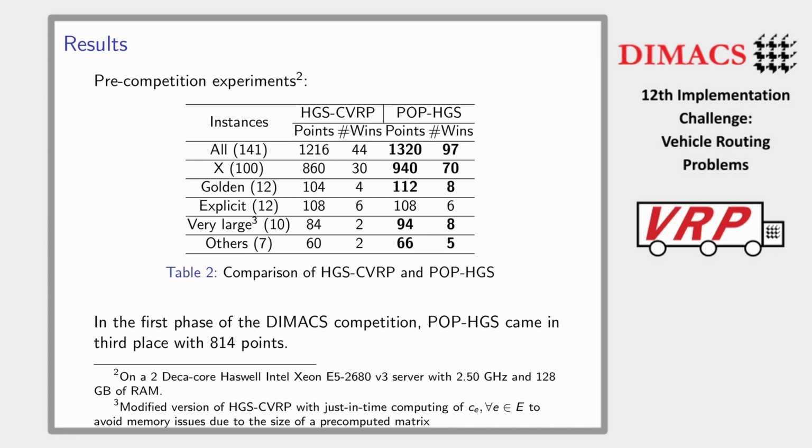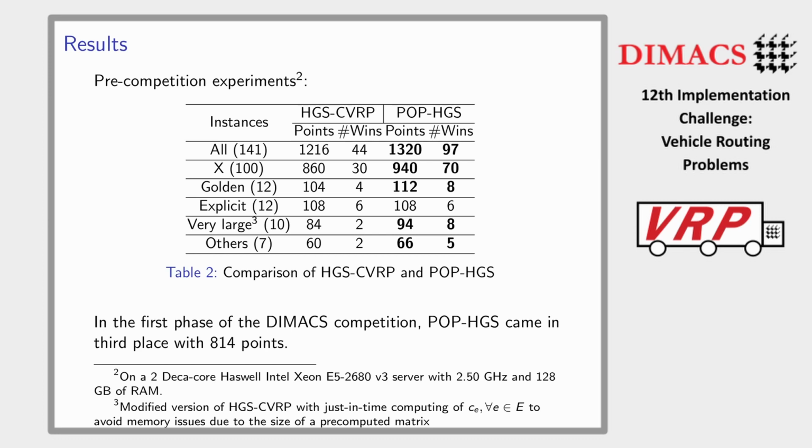And if you consider all the instances, POP-HGS has 97 wins against 44. If you consider the X instances, POP-HGS has 70 wins against 30 wins of HGS-CVRP.